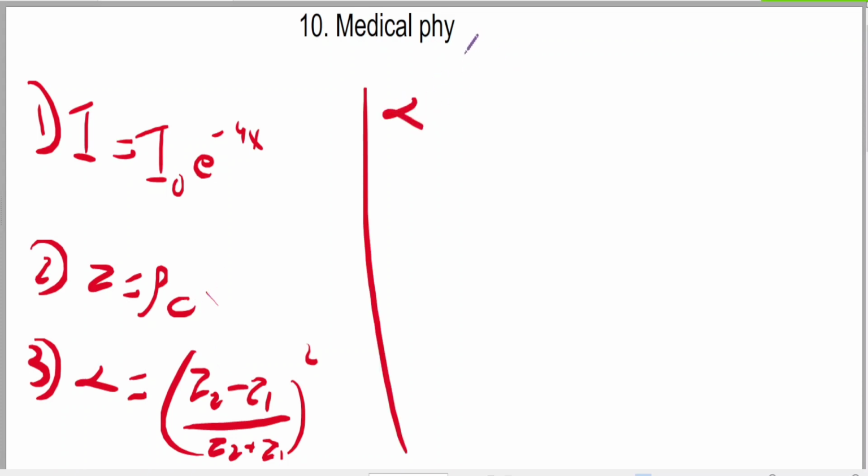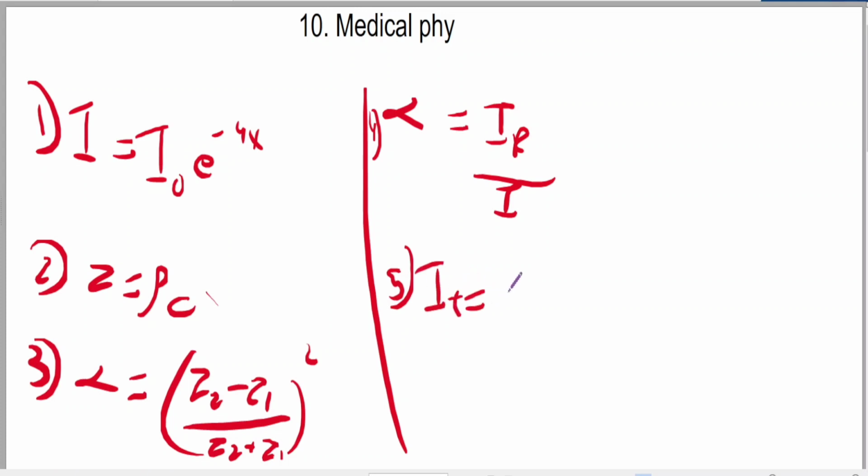Intensity reflection coefficient is also the reflected intensity over the initial intensity. Transmitted intensity fraction IT equals 1 minus the intensity reflection coefficient. And finally, the intensity that is reflected plus the intensity that is transmitted equals 1.